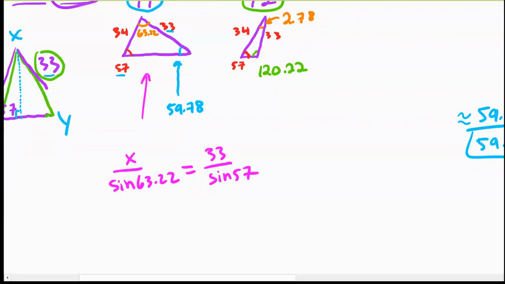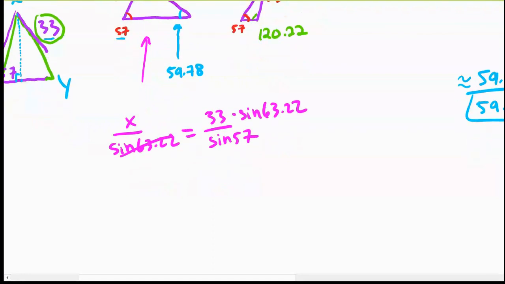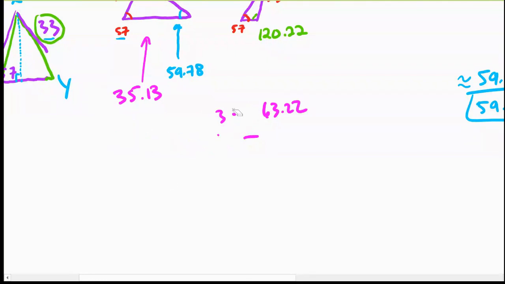So I multiply both sides by sine of 63.22. Plug it into my calculator, 33 times sine of 63.22 divided by sine of 57. And I get my value of about 35.13. So triangle 1 is now solved.